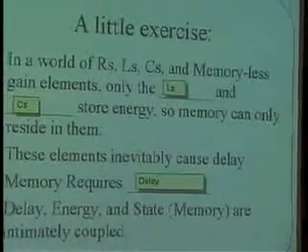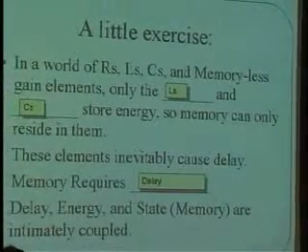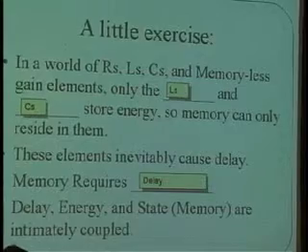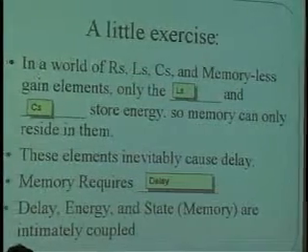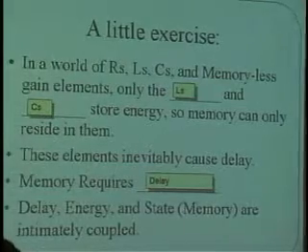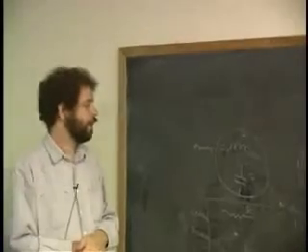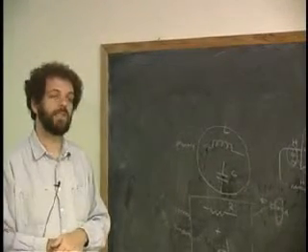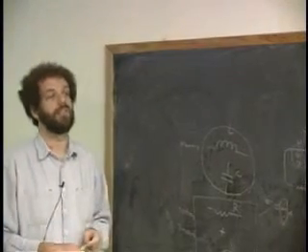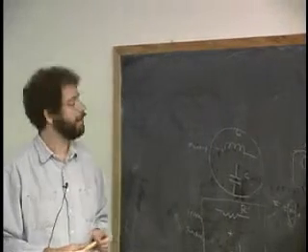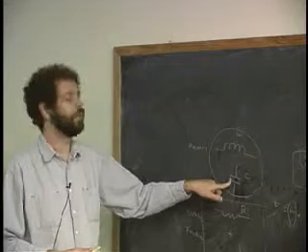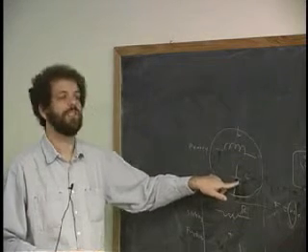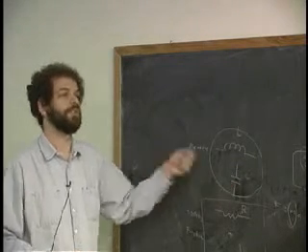The bathtub full of water does not want to change its level. You have to add a lot of water and wait a while before the level of the bathtub will change. Anything with energy is like that. The same thing is true here in terms of the magnetic field. It doesn't want to change. What that means is that if you do want to change it, it's going to take some time. I cannot instantaneously change the charge on a capacitor without having a current which is infinitely big pulling the charge in or out.